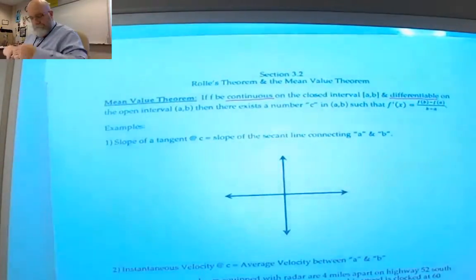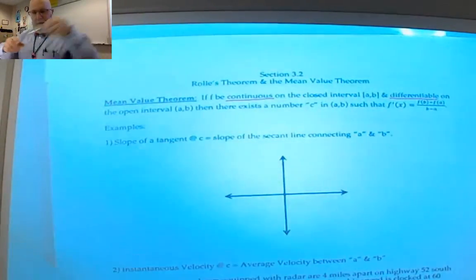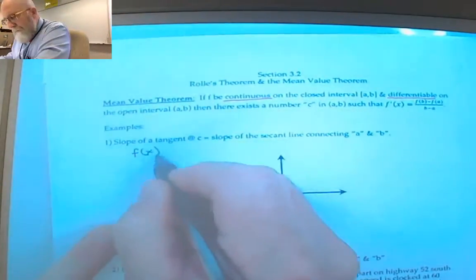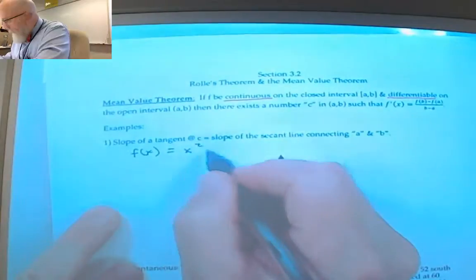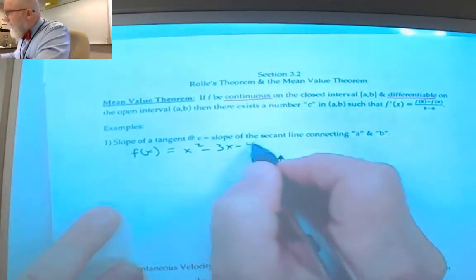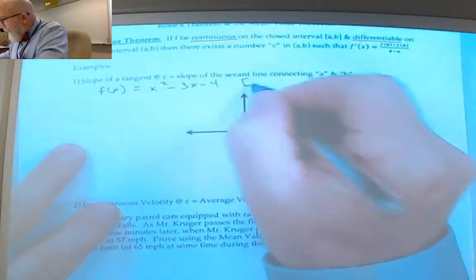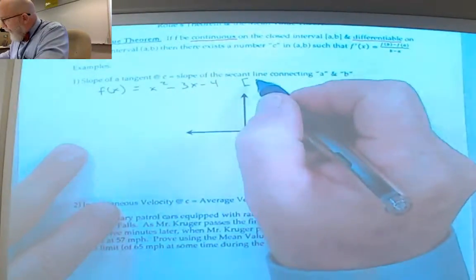So I think yesterday the example that I was giving here, I gotta get a pen here, was this. Didn't I say that f of x is equal to x squared minus 3x minus 4? Is that correct? And I said we're going to have an interval 0 to 4.